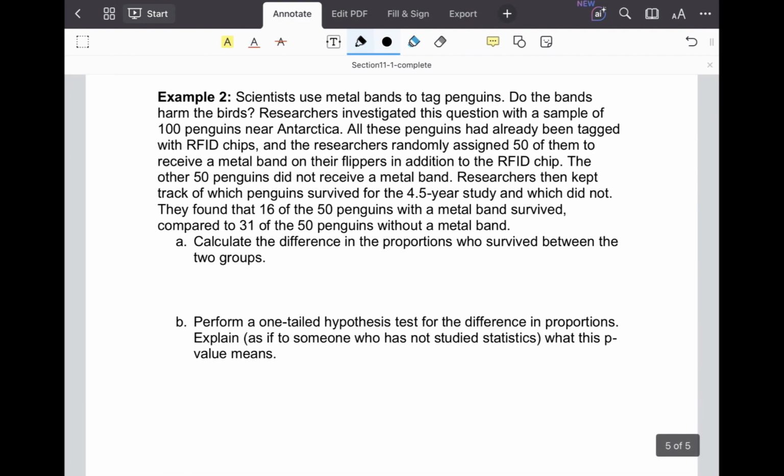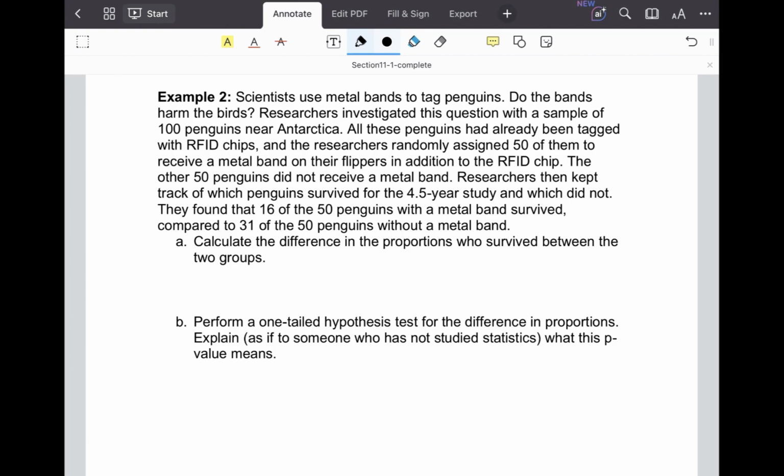Okay, so here's another one. And this is actually from an AP test. So this class has a very similar curriculum to the AP statistics curriculum. Scientists use metal bands to tag penguins. Do the bands harm the birds is the question.